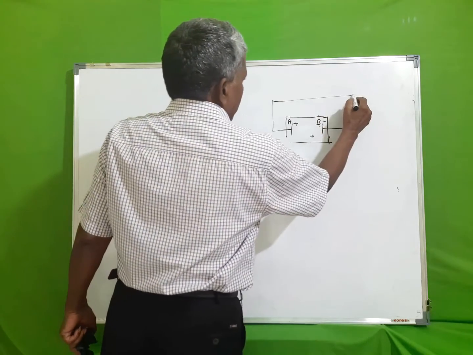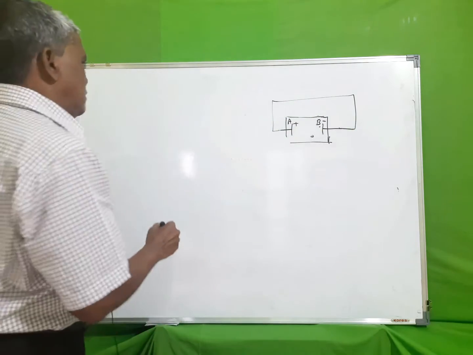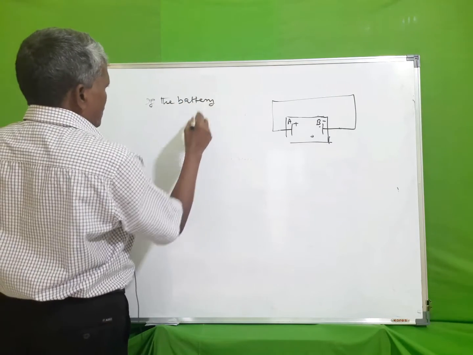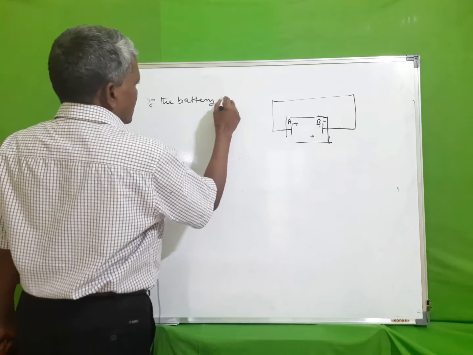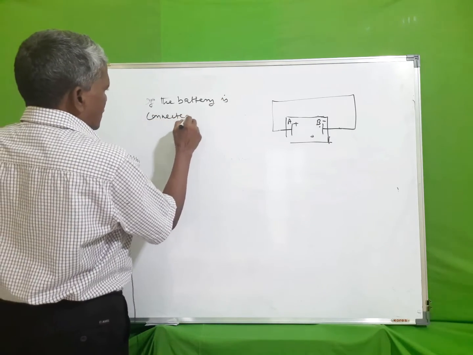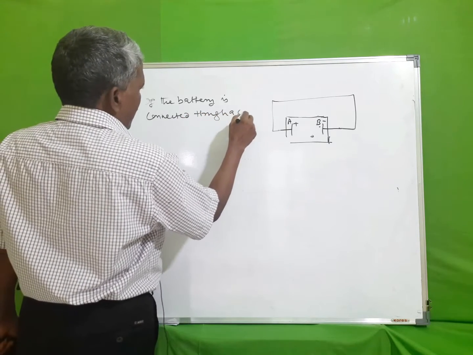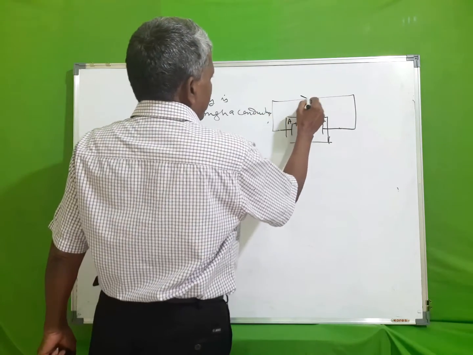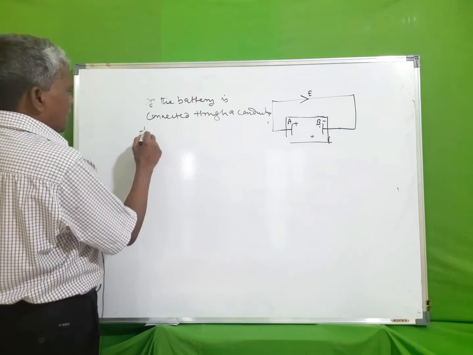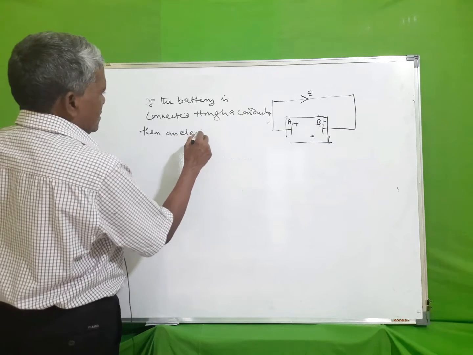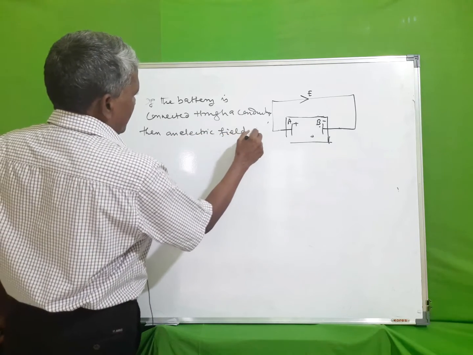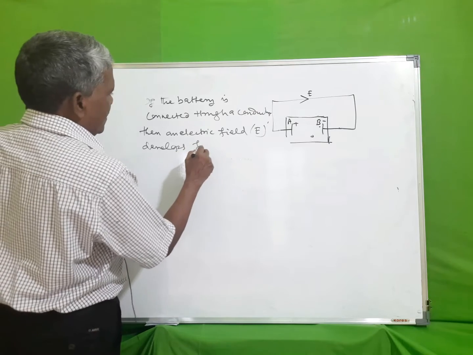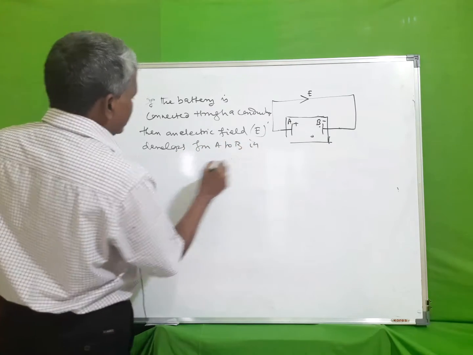If the battery is connected through a conductor, then an electric field E develops from A to B in the external circuit.